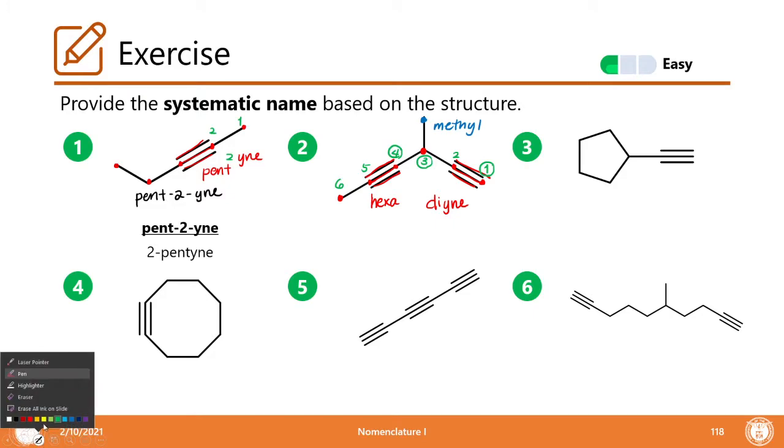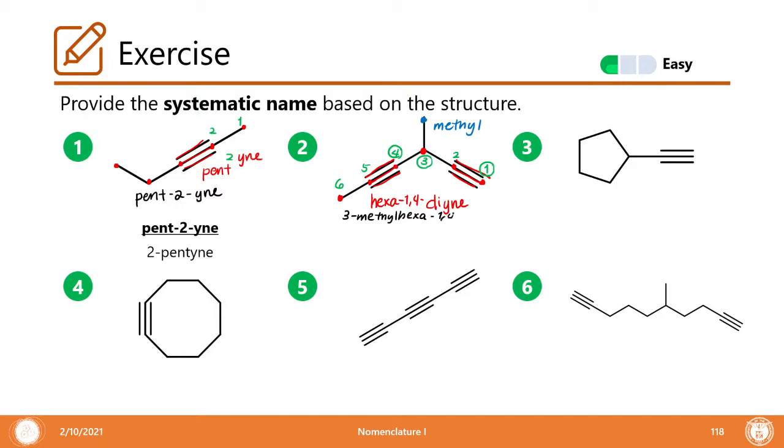So we have hexa-1,4-diyne, and at position 3 we have methyl. So the name is 3-methylhexa-1,4-diyne.